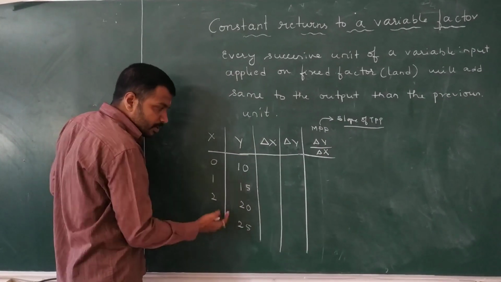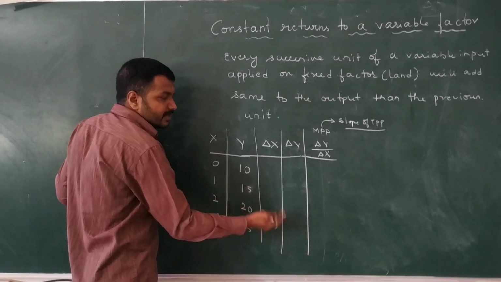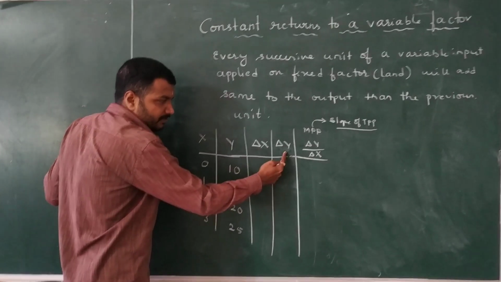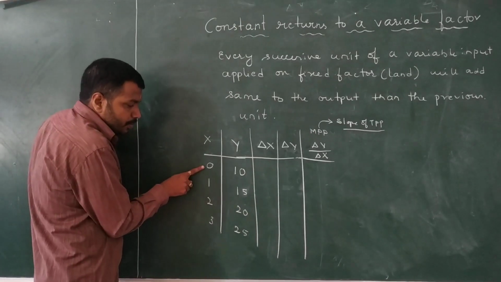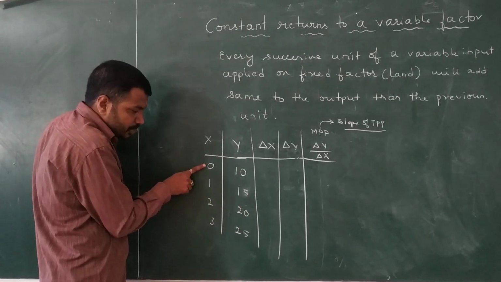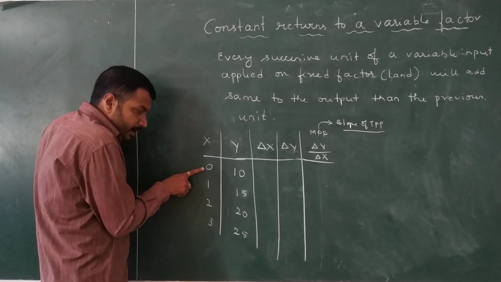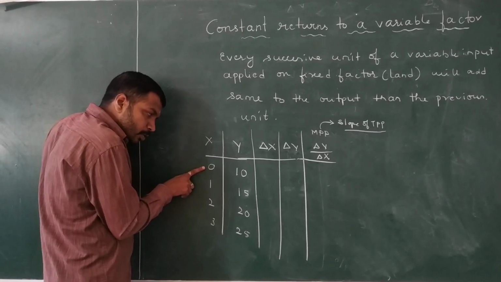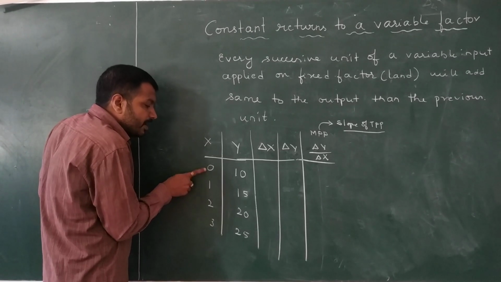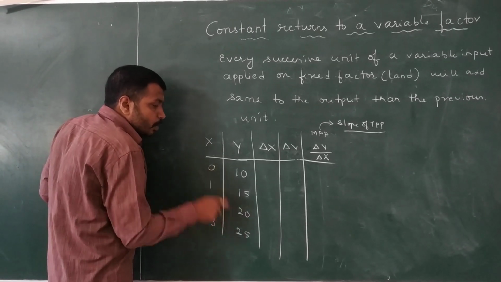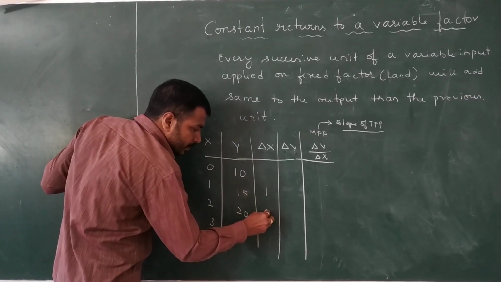Now with this information we need to elicit these two additional variables, that is delta x and delta y. You know how to determine delta x? It is nothing but change in x. The first unit applied will be 0, later 1 unit will be applied, in the sense the change in input applied will be 1 minus 0, that is 1.